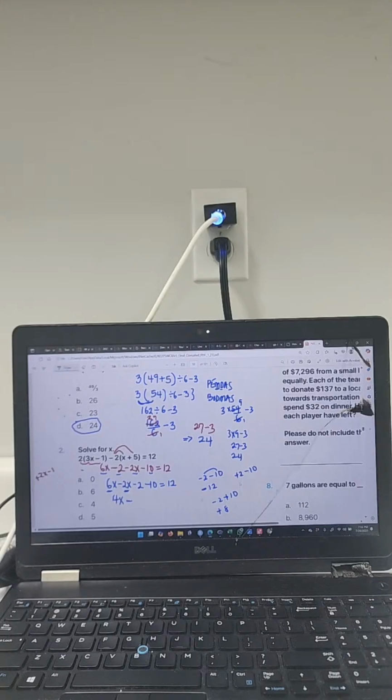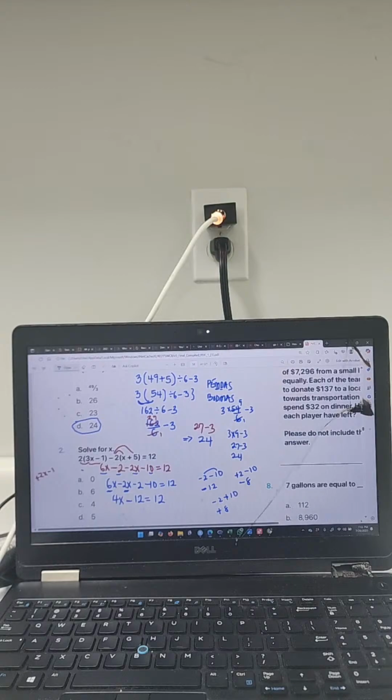What is the sign? Negative. Add them together and subtract, you have 8. So this is how to deal with subtraction involving different signs. So here we're going to have negative 12 equals 12.